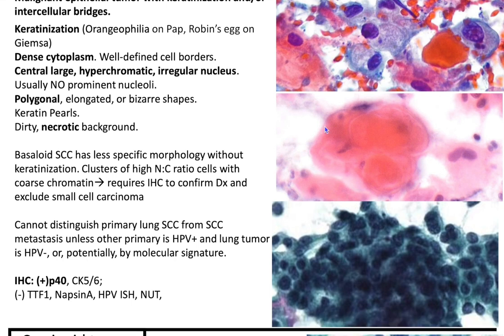Of note, basaloid squamous cell carcinoma has less specific morphology without keratinization. You'll have these clusters of high NC ratio cells with coarse chromatin, and this is difficult because it requires IHC to confirm your diagnosis and exclude small cell carcinoma.